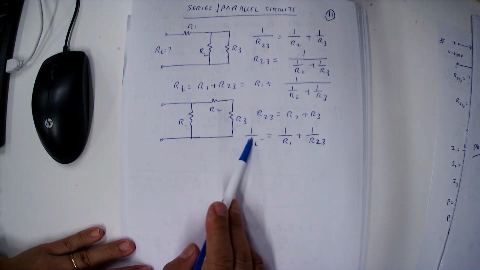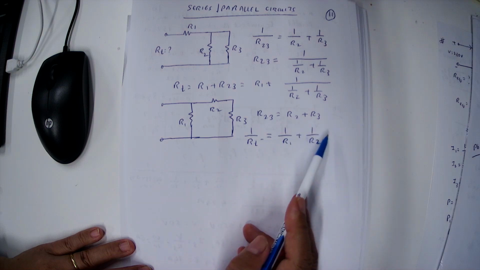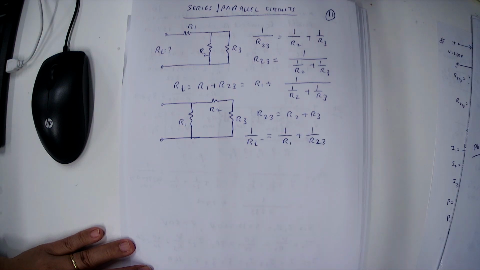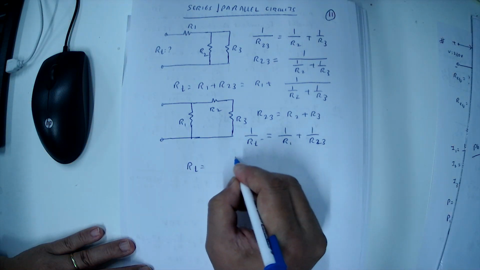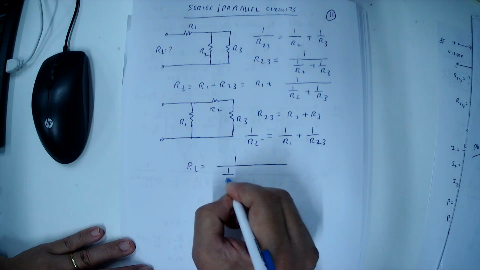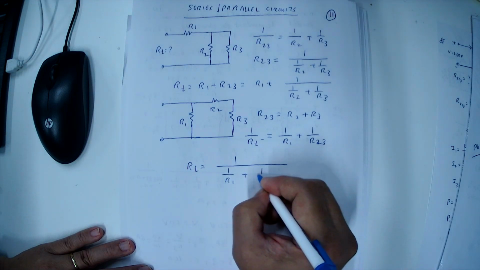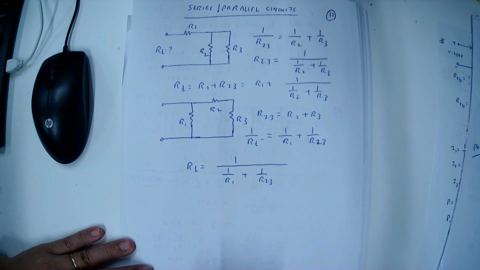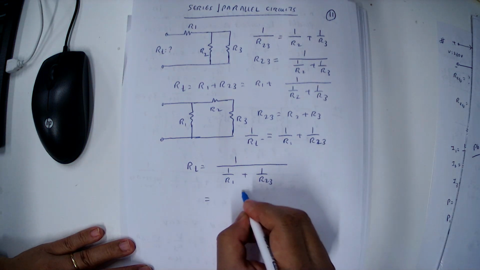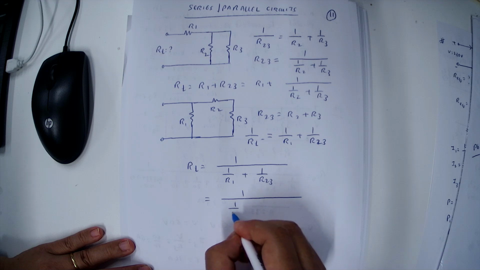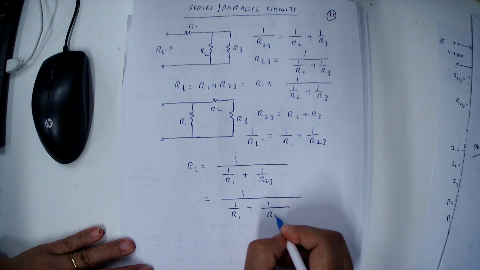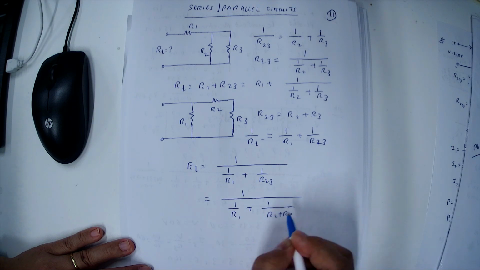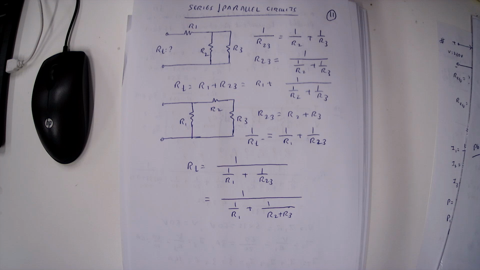So R total equals 1 divided by (1 by R1 plus 1 by R23). Then we substitute the R23 value, R2 plus R3. So this is the way we calculate.